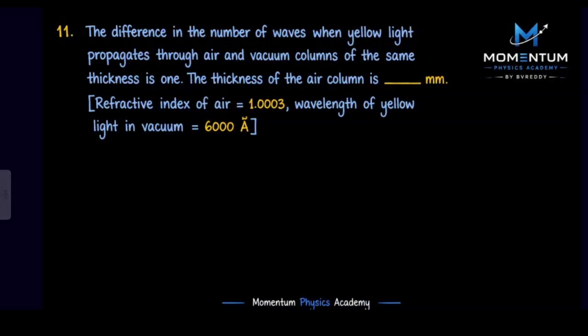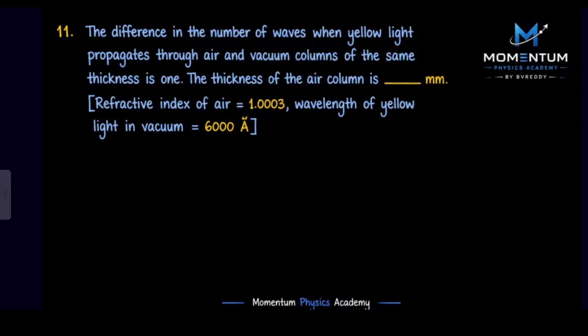Now, in this case, what they are asking is the difference in the number of waves when yellow light propagates through air and vacuum of the same thickness is 1.